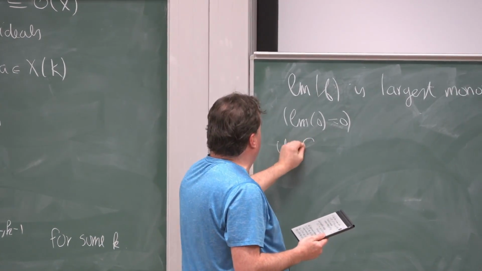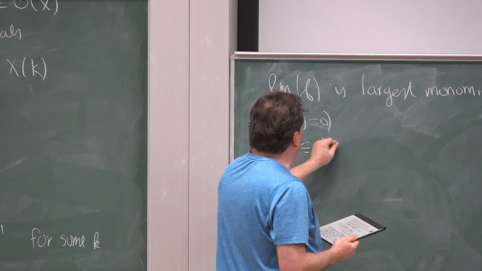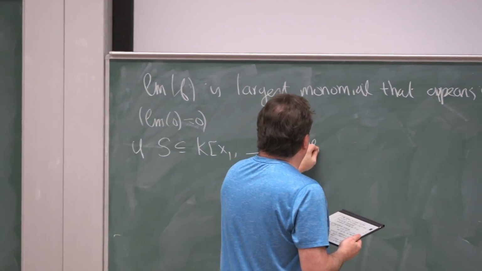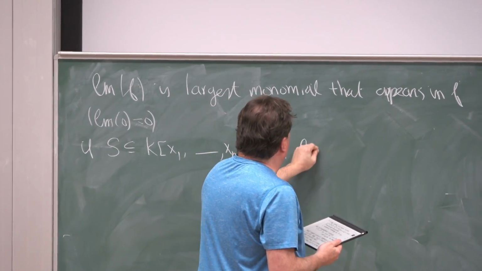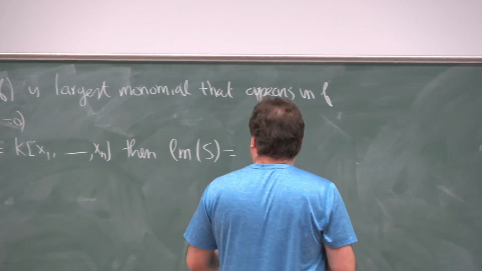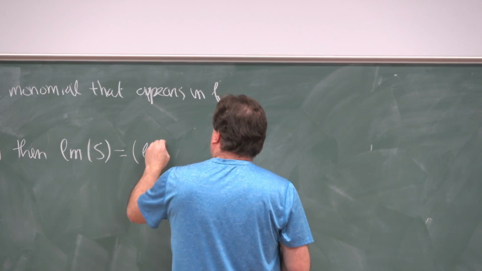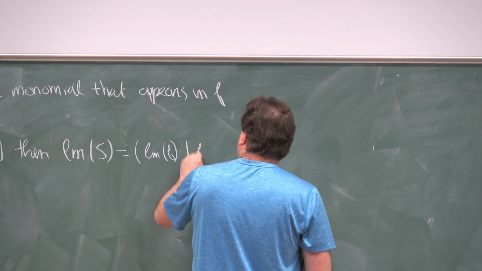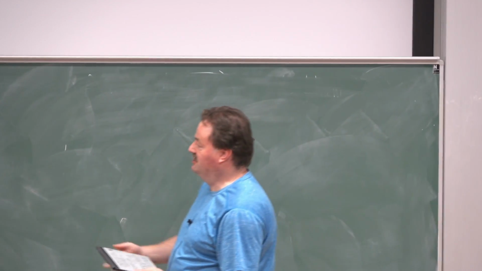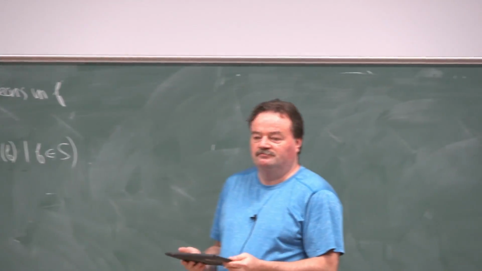If we have a subset of polynomials S, then the leading Lm of S will be the ideal generated by all leading monomials. So I'll define this, and this is actually an ideal, right?